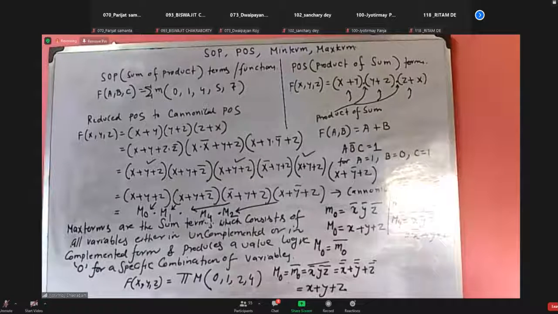But here, if all the sum terms are 1, then the function will be 1. So that's why it is Maxterm, and that is Minterm.